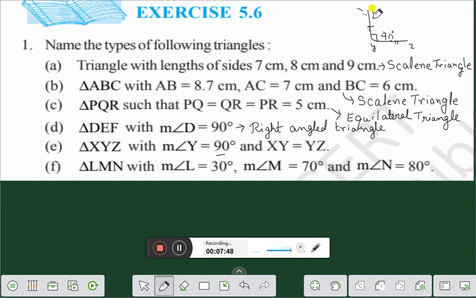If we name this triangle based on side, then here you see that two sides are same, that is XY is equal to YZ. Right? These two sides are same. Therefore, if two sides of a triangle are same, it is known as isosceles triangle. Right? We can name it as isosceles triangle.